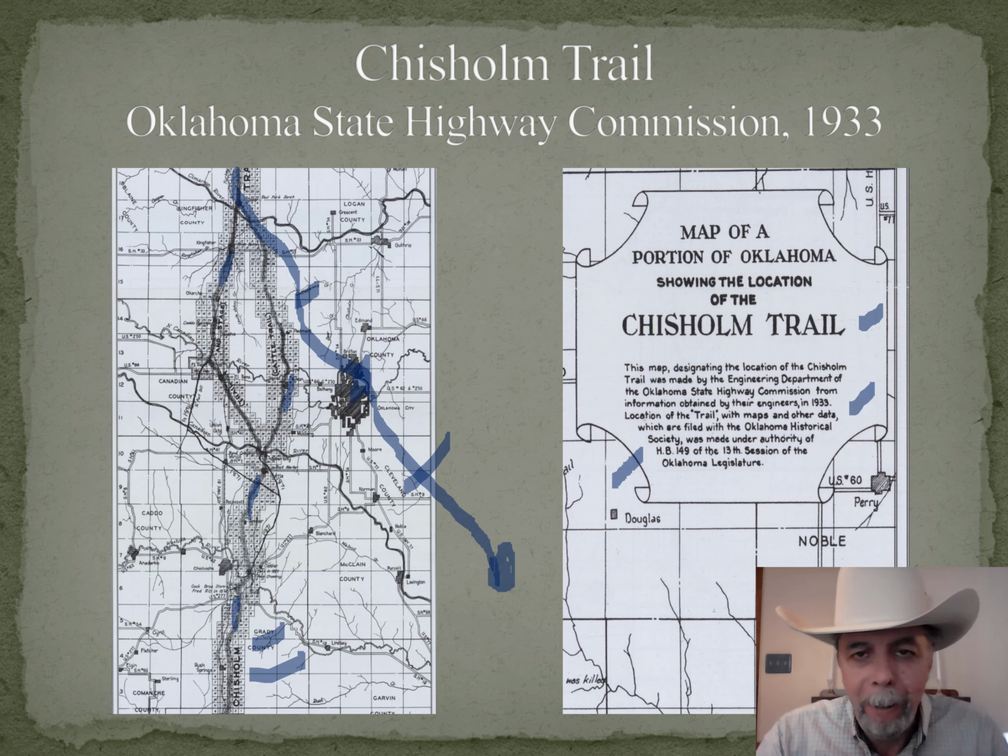So we have to be careful with these modern maps. And this is also an example of how modern perception and opinion has altered the historical narrative of the Chisholm Trail. So we have to be real careful when we evaluate these.